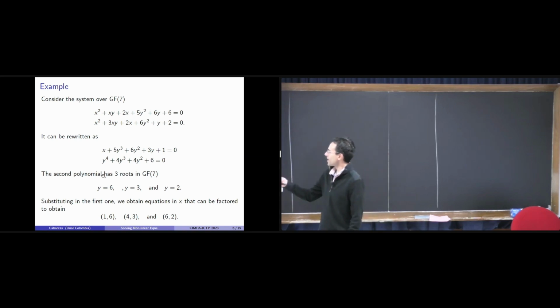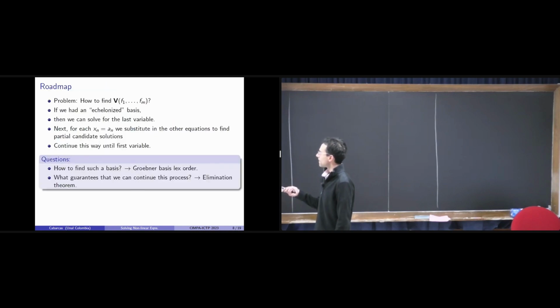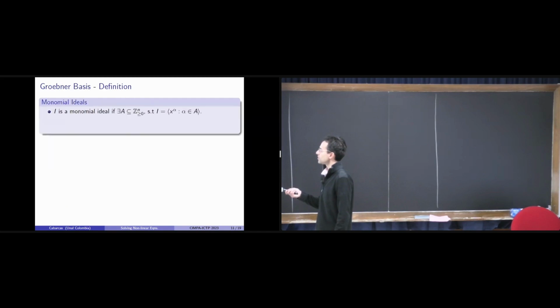The way to get this kind of system is called a Groebner basis. And the reason we can do that is due to elimination theory. So we define what a Groebner basis is.